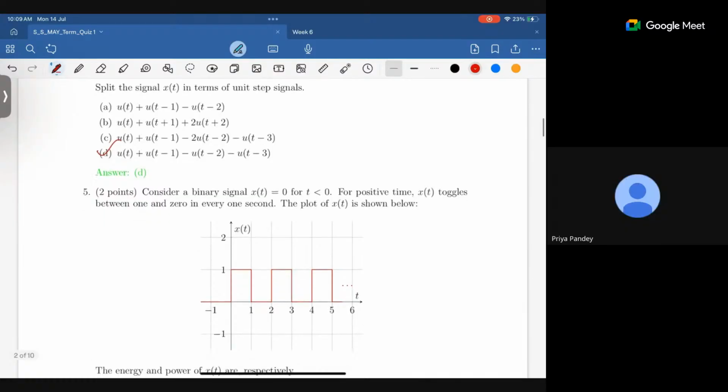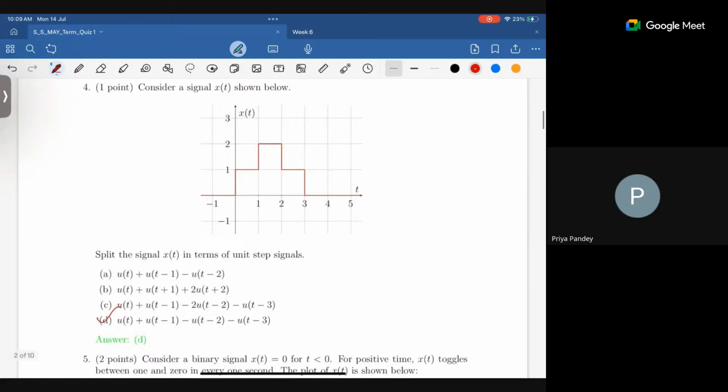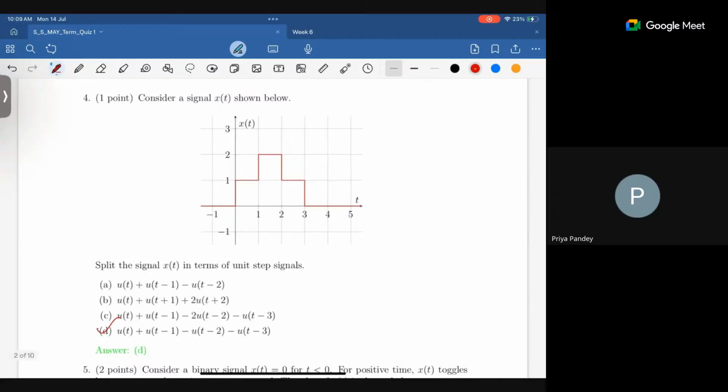Sir, about the above question, if we see the amplitude is raised to 2, right? So why didn't we just amplify the u of t graph by 2? Why couldn't the answer be C?